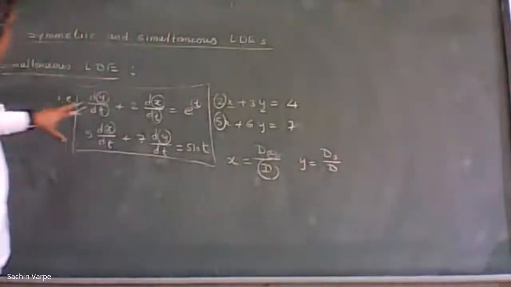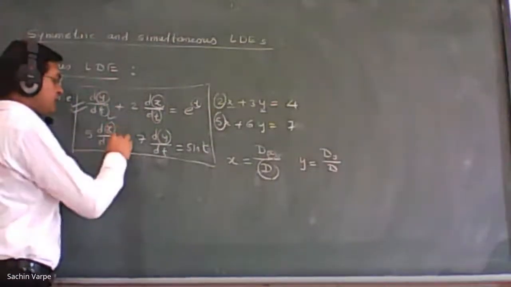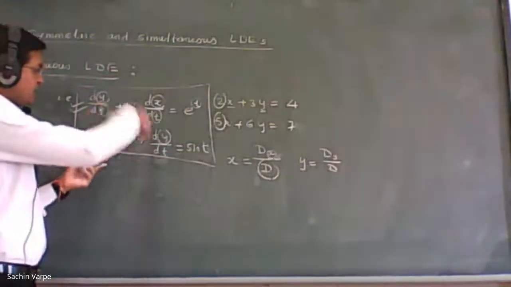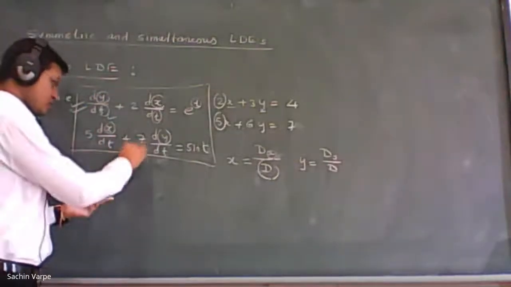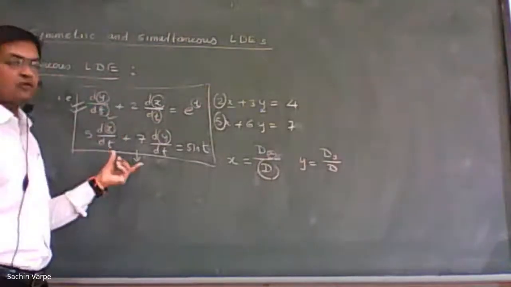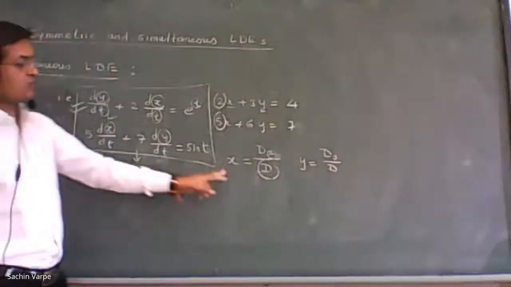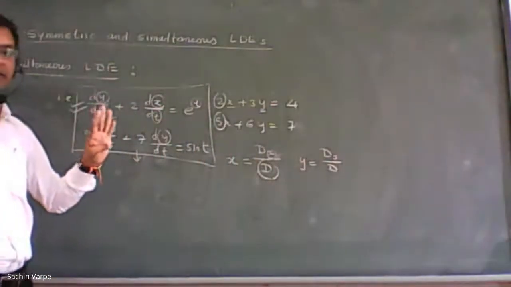But if we look at these, there are only 2 differential terms, dy by dt and dx by dt. So combinedly, when I solve this differential equation, I should get the solution only in terms of 2 arbitrary constants, because it involves only 2 differential terms. And if I use Cramer's rule for both x and y, then I'll get 4 arbitrary constants, and that is wrong actually.